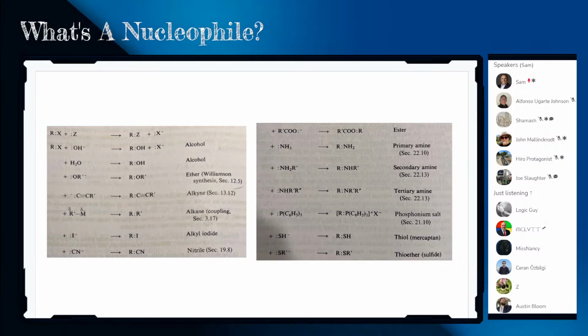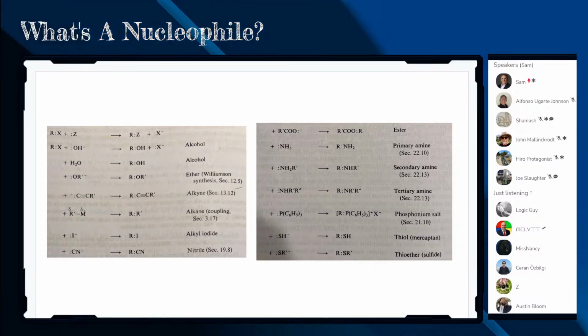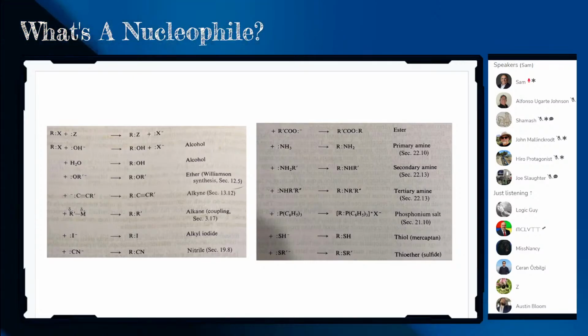So you can see you can make anything from alcohols to phosphonium salts to tertiary amines to thioethers, right? So all of these are significant industrial chemicals, and all of these are significant biological molecules.